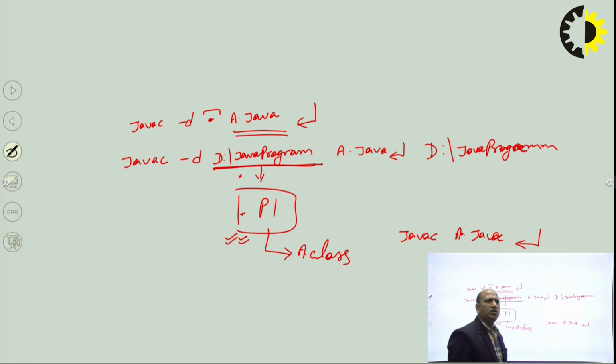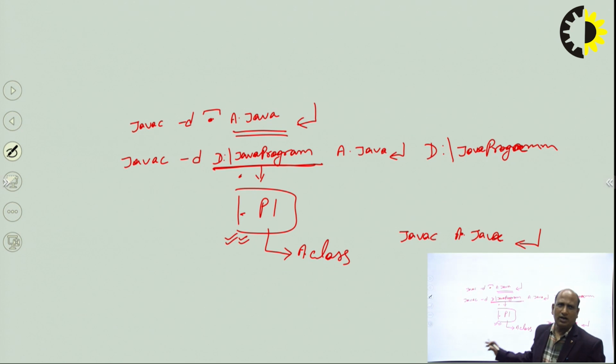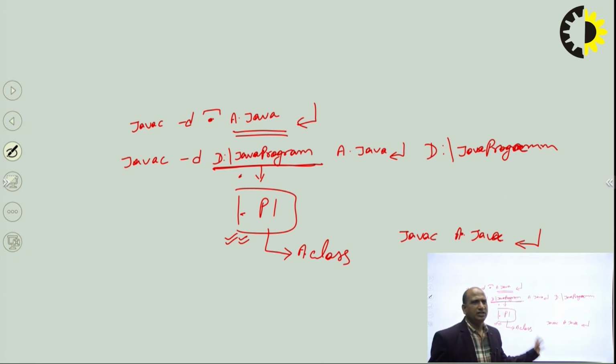To execute your code, since your .class file is now at a different place, not at the place where your .java file is, you have to set your class path to tell the compiler that your .class file is now at this place.